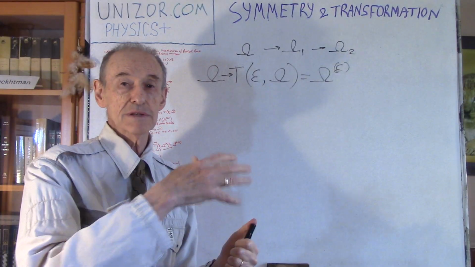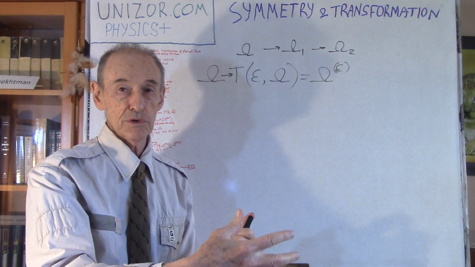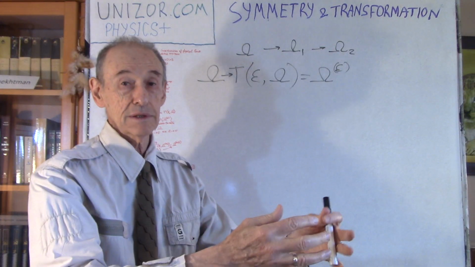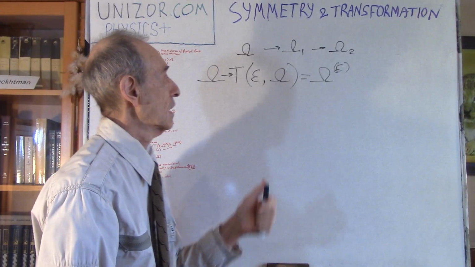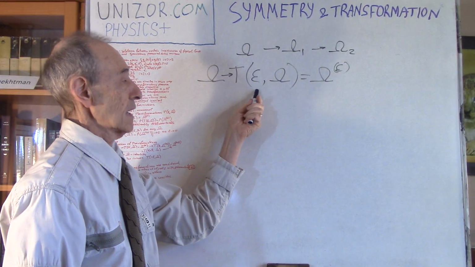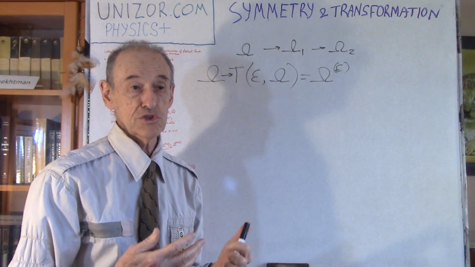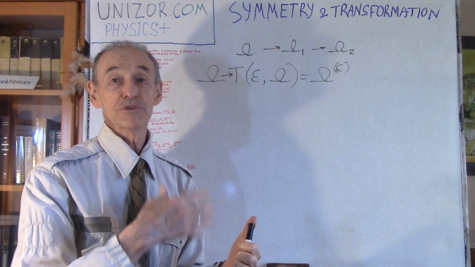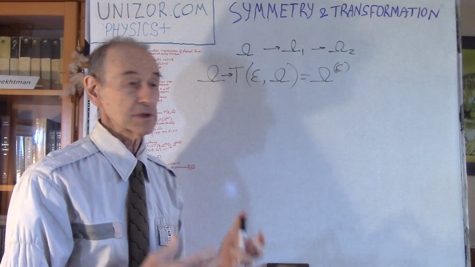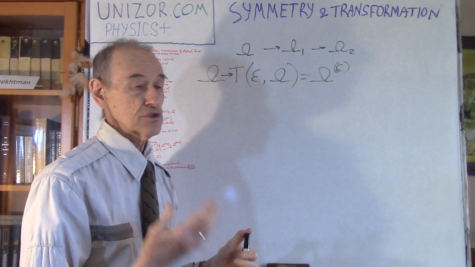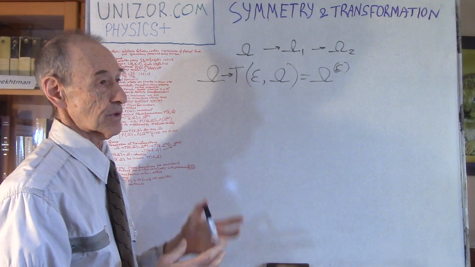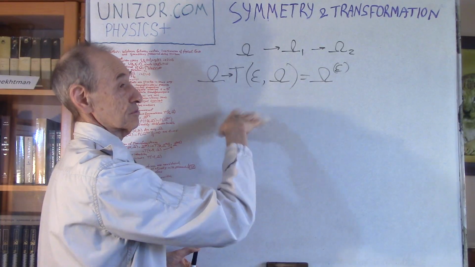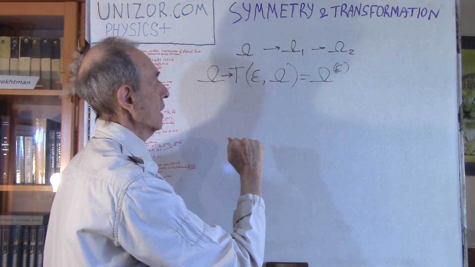So transformation is a movement from one point to another, from one position of the mechanical system to the next position after the movement. So this is what we are transforming. Epsilon gives us a parameter which tells us how we transform it, by this much or by a certain amount of time or something. So there is some numerical parameter which is defined for any transformation. So transformation depends on what we transform and how we transform, or by how much we transform, if you wish. And that's the result.